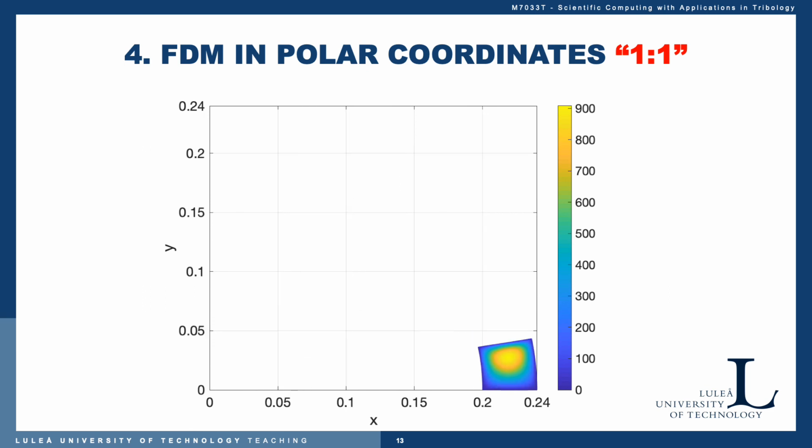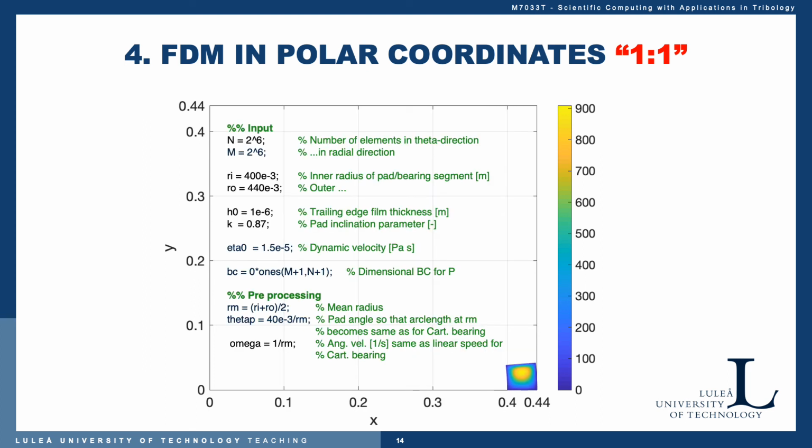And we do that again, we increase the inner radius, and we also turn down the angular velocity a little bit more. We get this, and this is the actual code for it.